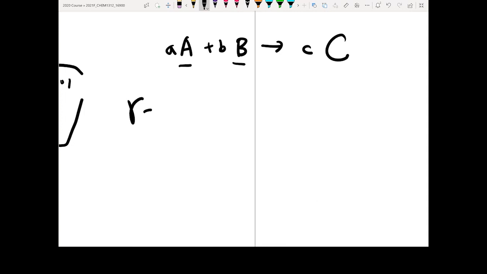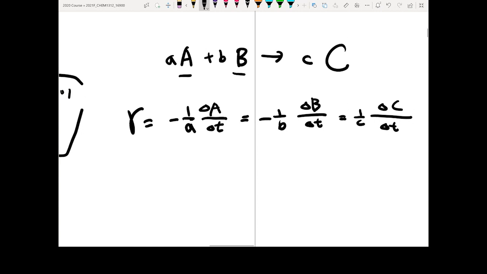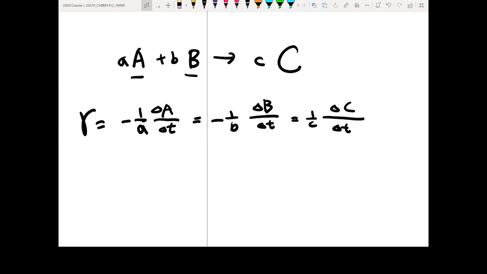So the reaction rate is going to be defined as the disappearance rate of your reactants, so delta A over delta T, normalized by the coefficient of A. And it should equal this, and equal this. This will be the general expression. If you have chemical reactions, that's how you calculate the overall reaction rate. Every time they say the reaction rate, it's this guy.